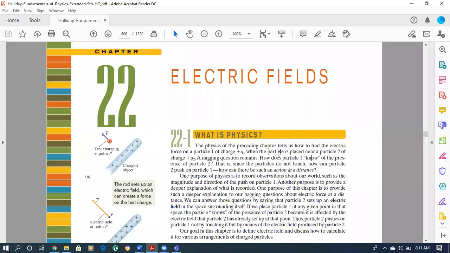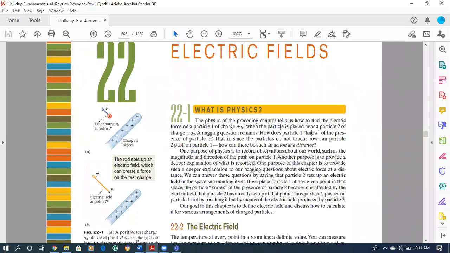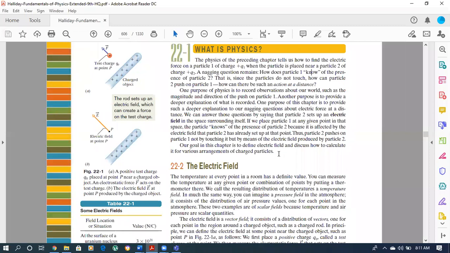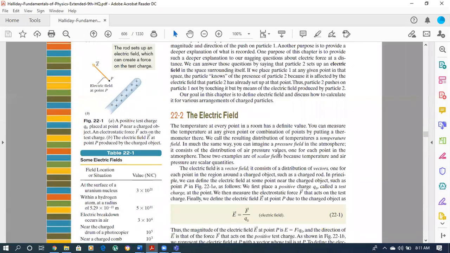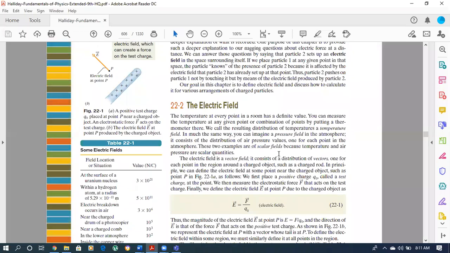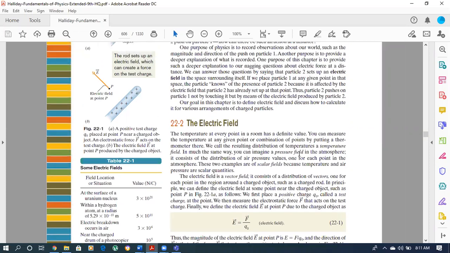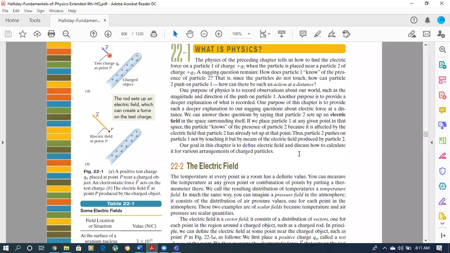The major topic of this field is the electric field. As we all know, on how many factors does the electric field depend? And what is meant by electric field?